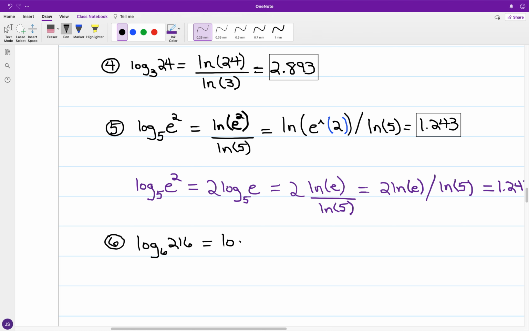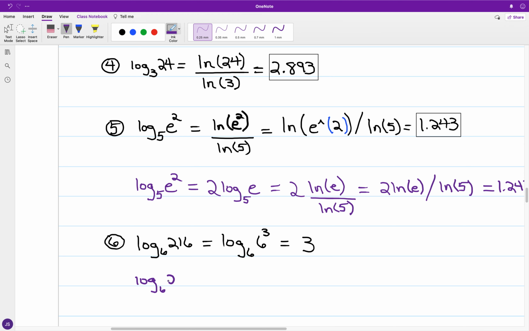So if I were to rewrite 216 in terms of base 6, 216 is going to be 6 to the third. So I'm back to the base a logarithm of a to the x is equal to x property, and in this particular case, that becomes 3. And I'll just mention this case.